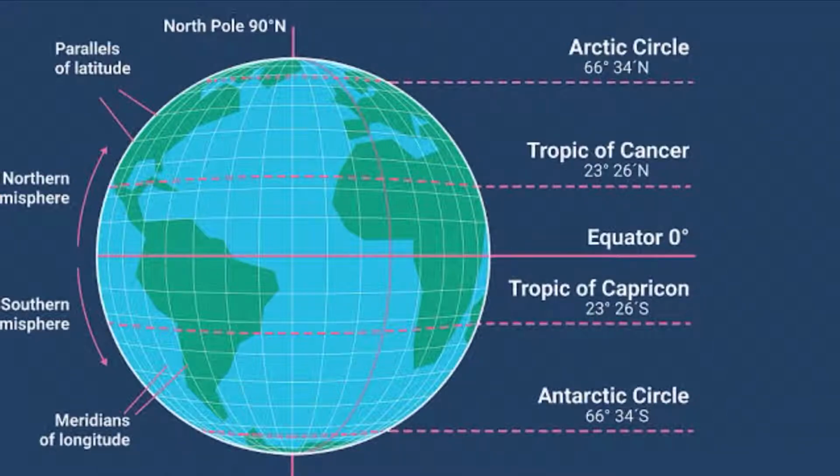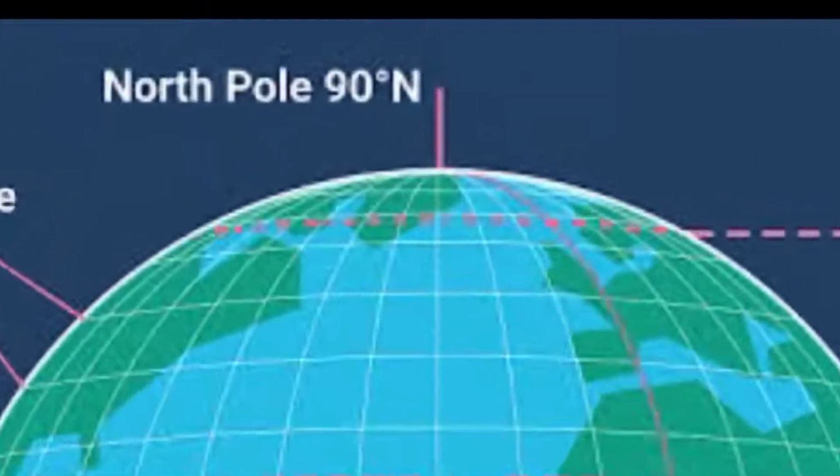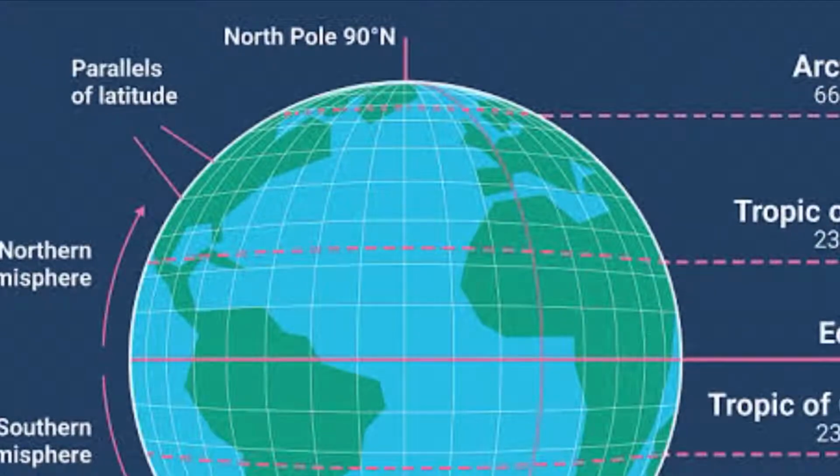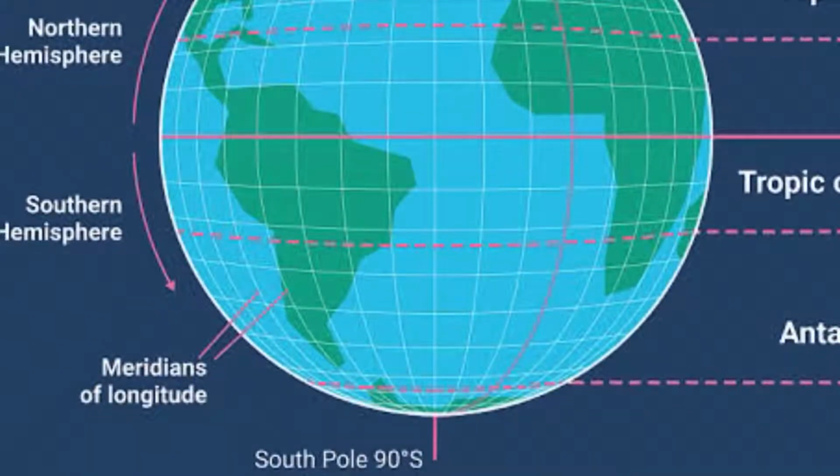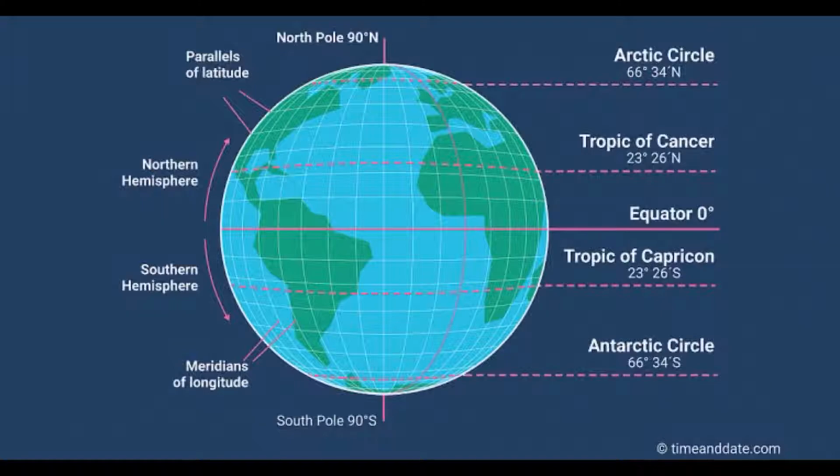The hemisphere on the top is called the northern hemisphere, and the hemisphere at the bottom is called the southern hemisphere. From the equator, the upper portion has north 90 degrees given. It divides the Earth in an equal way.